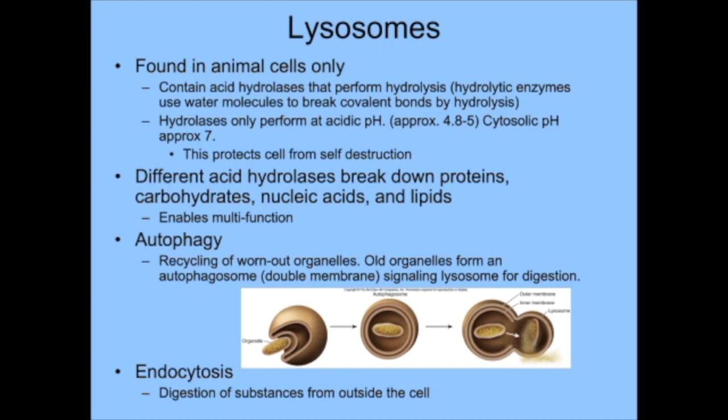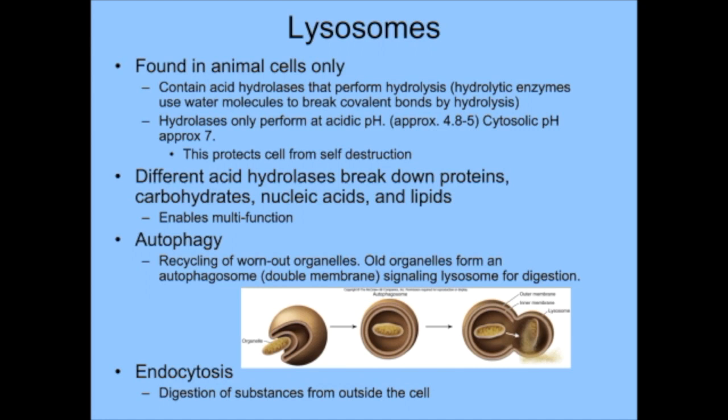So if these acid hydrolases get released into the cytosol, they will be neutralized. They will not be able to be activated. They will be what we call denatured, and they won't be able to function.